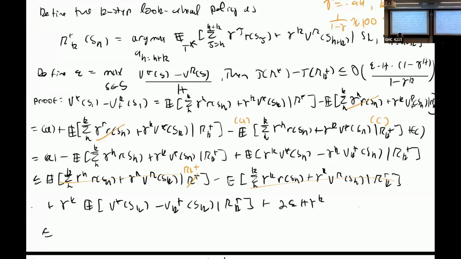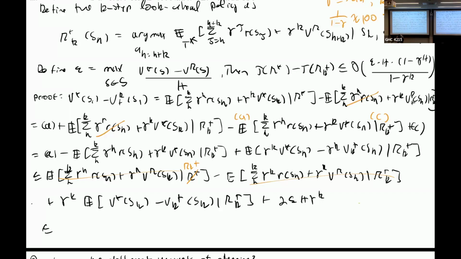So what you end up getting is 2 epsilon H times the sum from I equals 1 to H over K of gamma to the K raised to the I, which is equal to 2 epsilon H times 1 minus gamma to the big H, all over 1 minus gamma to the K.